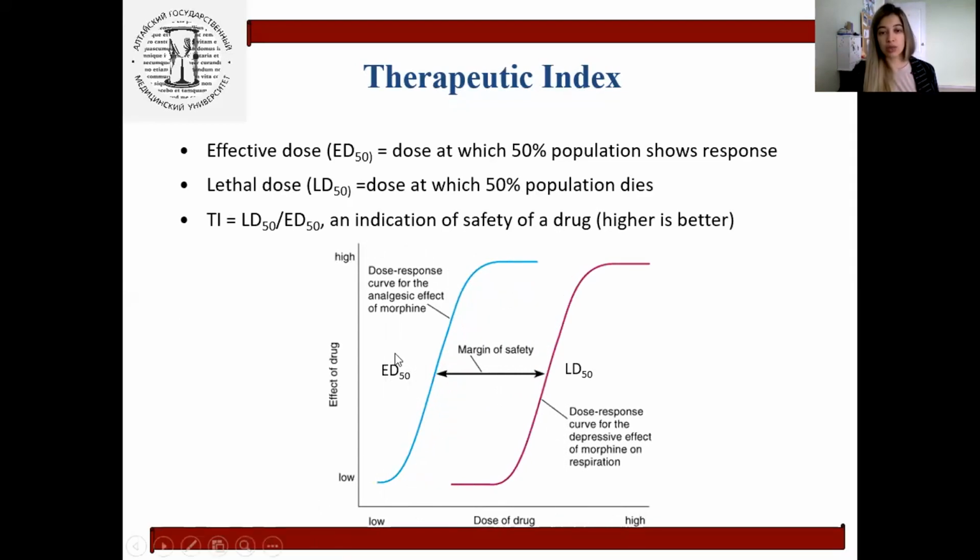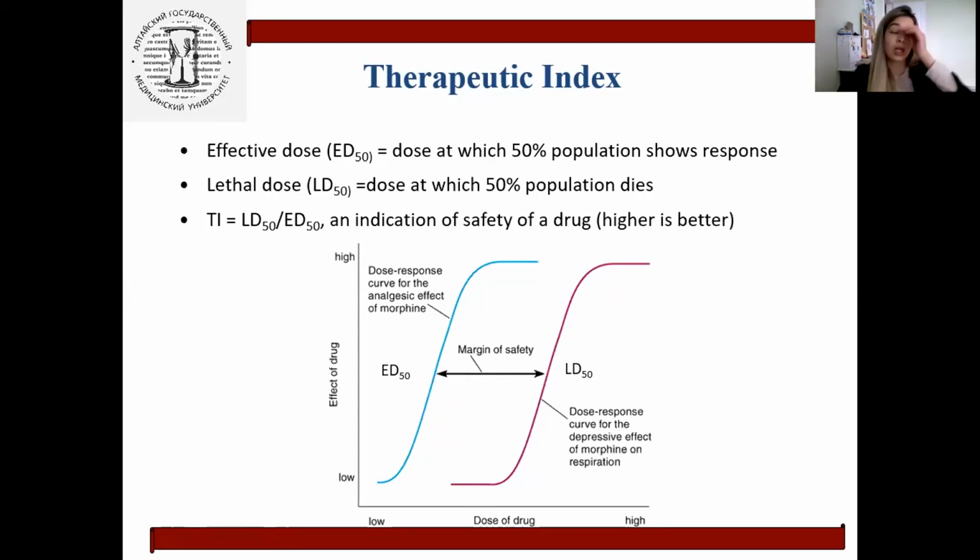So here we show this. What can we see in our therapeutic index? The effect of the drug in the effective dose is somewhere here, and the lethal effect of the drug is here. So this margin of safety shows us which numbers we can administer to the patient to be sure that he or she will be safe.